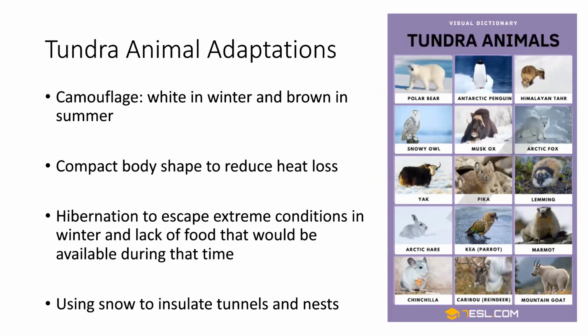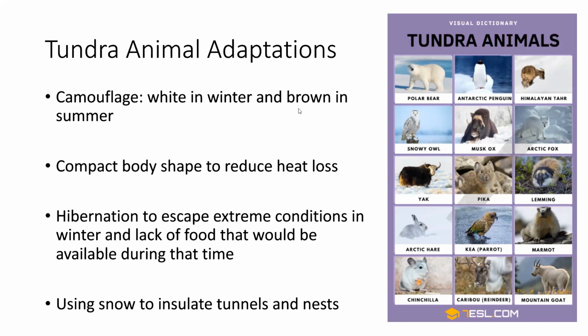And just like the plants, the animals are going to have to adapt as well. You're probably familiar with at least a few of these: polar bear, penguin, the fox, things like that. The most obvious one is that a bunch of these have the white coat, because that's going to help them camouflage into the environment.